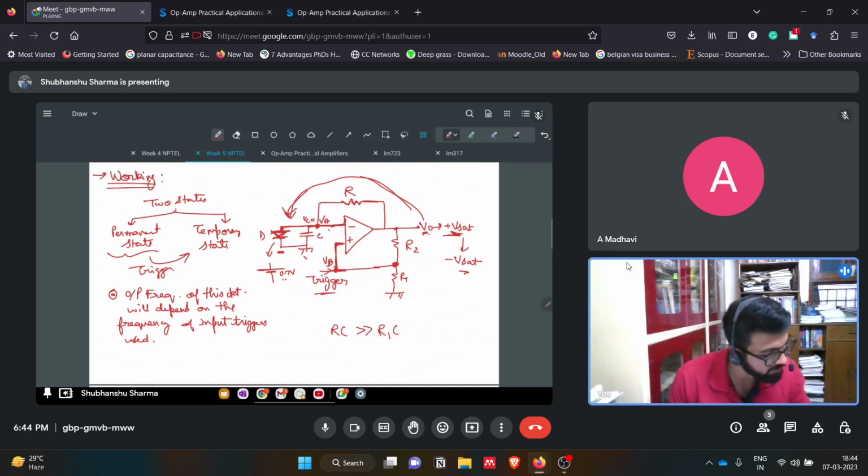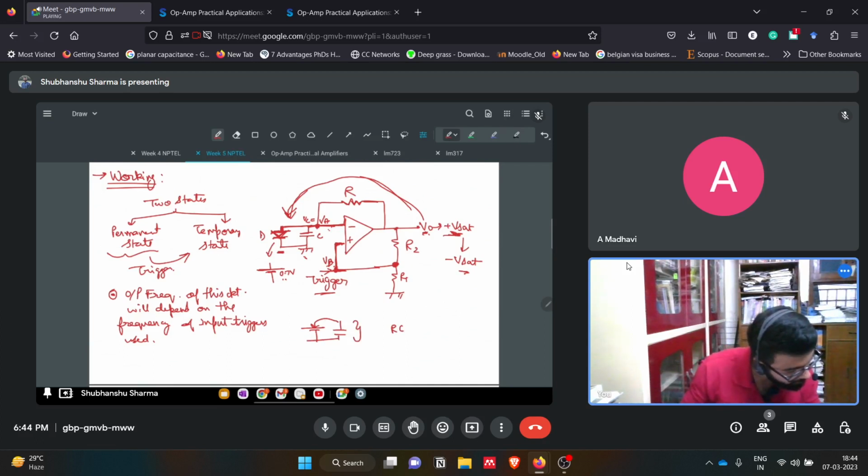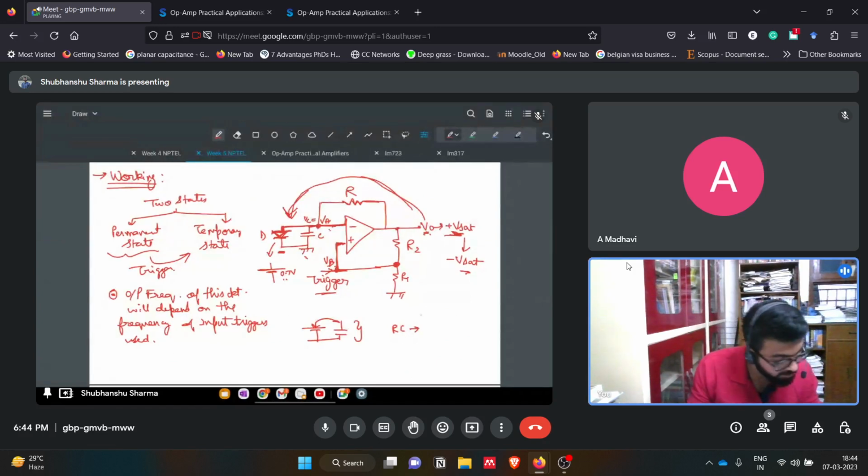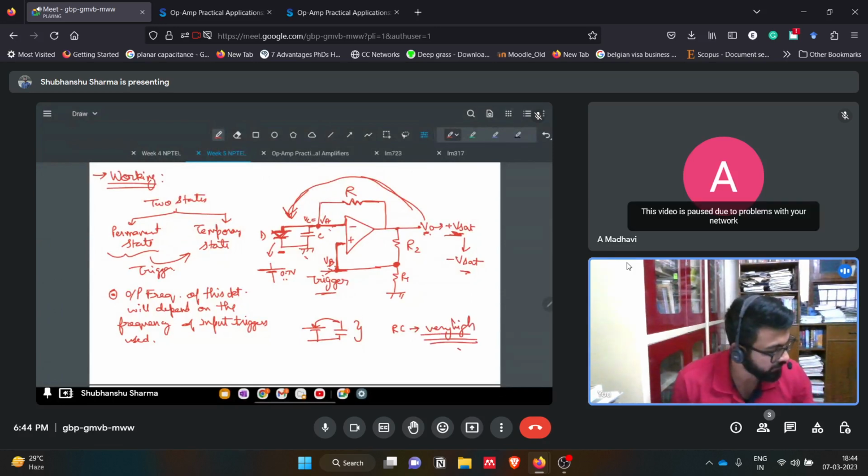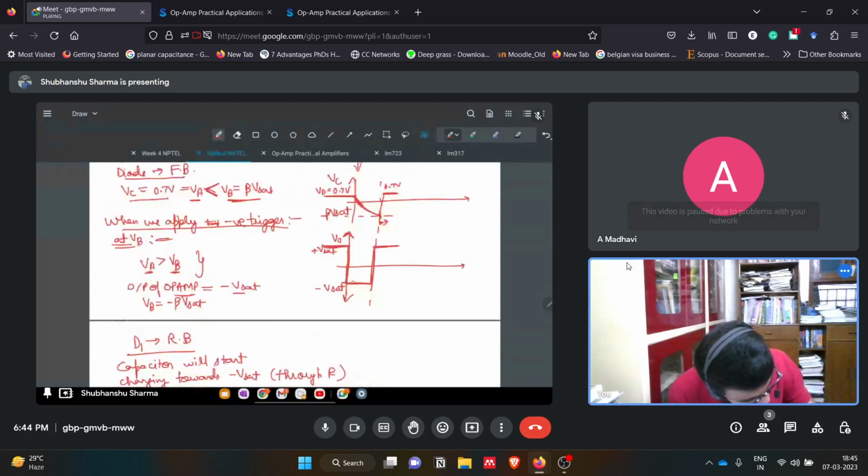When charging via the diode, when the diode is conducting, the time constant of this circuit is very low, so the capacitor will charge almost instantaneously. So here it will charge and then it will maintain 0.7 volts.